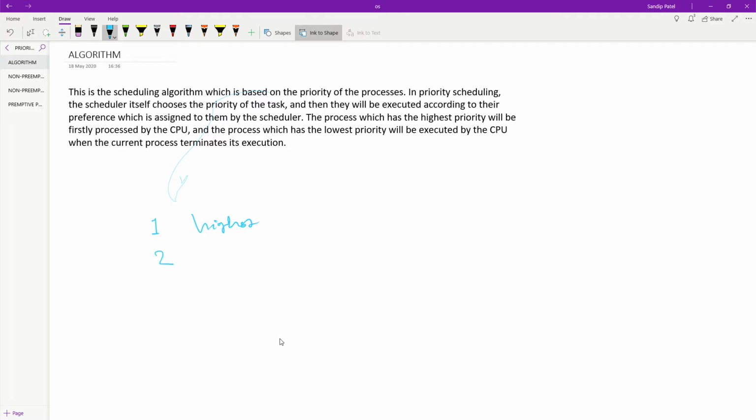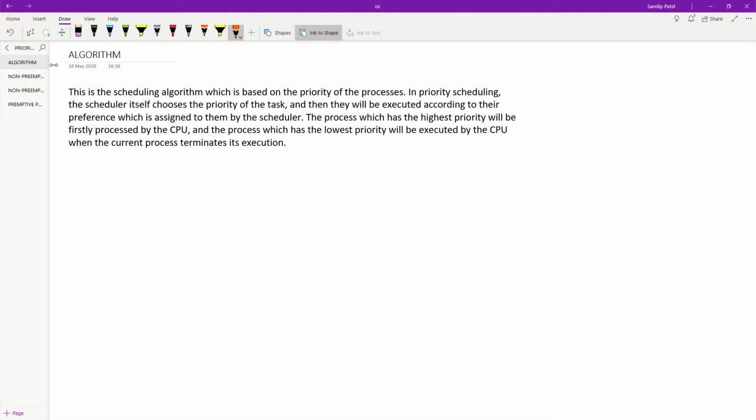So this is the ascending order: 1, 2, 3, highest, then next, like this way. A few CPUs will consider the highest number as the highest priority, then the next lower number as the next priority, like this way. Here we will consider the priority in ascending order, that is, the lowest number as the highest priority. Okay, so we'll start with the priority scheduling algorithm.